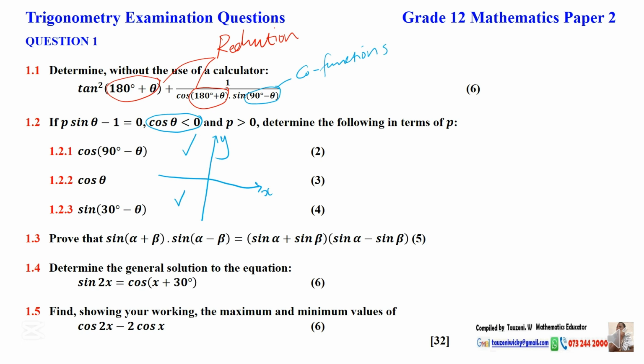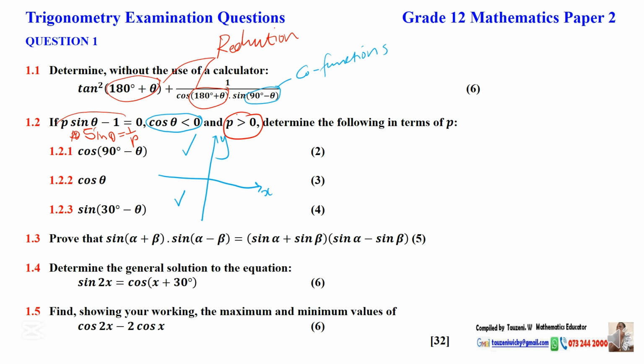Then another condition that is given is the sine theta. This expression here, we said you divide both sides by p, then it's going to give us the sine of theta is equal to 1 over p. And p is positive here, so that makes sine theta positive.